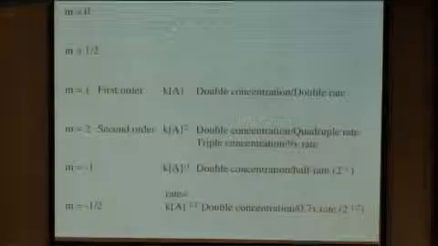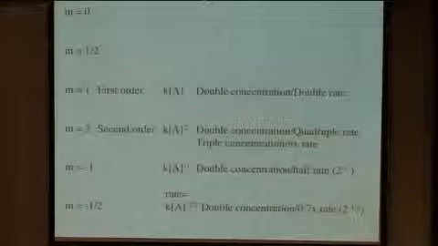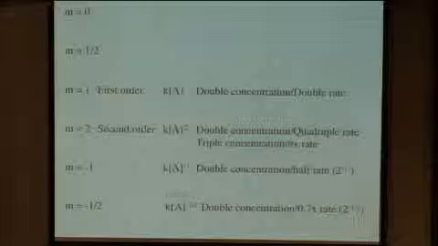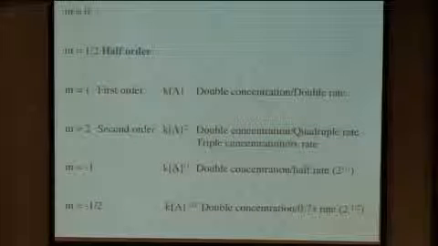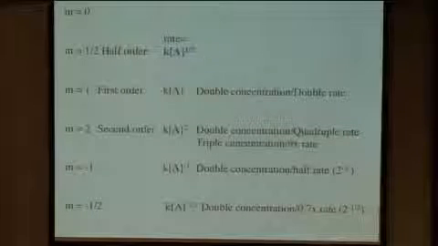All right, so let's go up to m equals a half here. And this one sometimes does have a name. Anyone want to guess what that one might be called? Half order. Very good. So half order. And so here our rate then is going to be equal to k times A to the half.